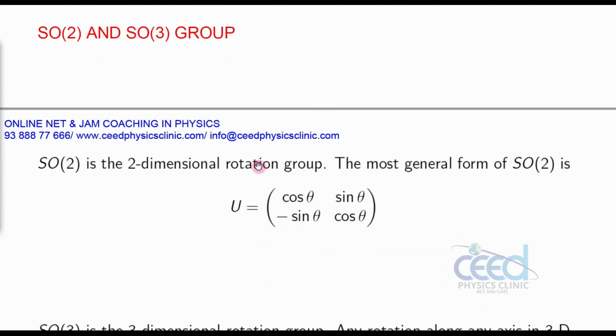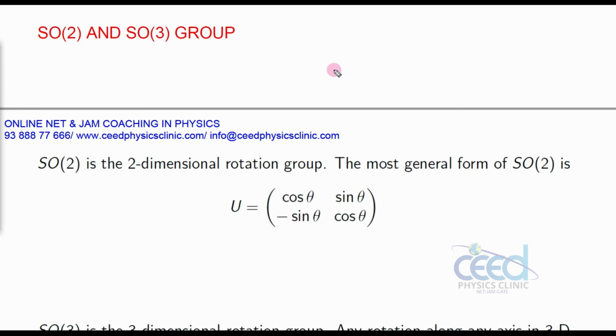Now SO2 and SO3. What is SO2? SO2 is a two-dimensional rotation group. We already saw that a rotation matrix can be represented like this, in linear algebra, right?